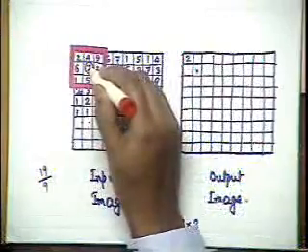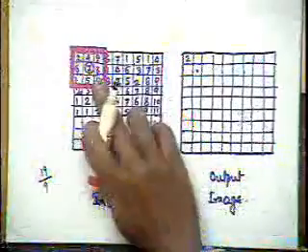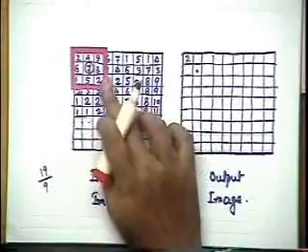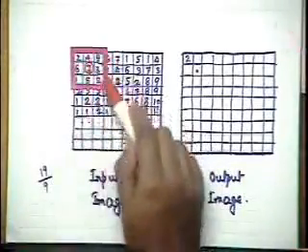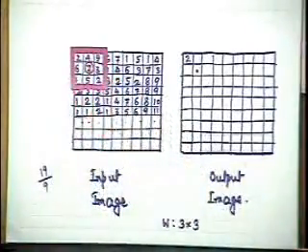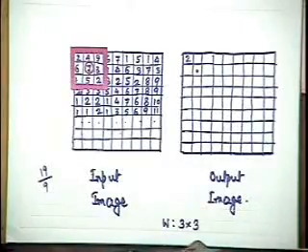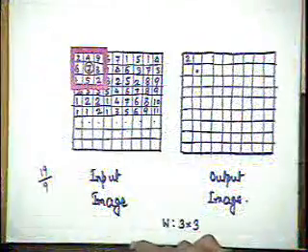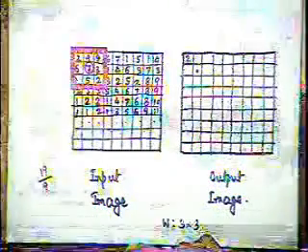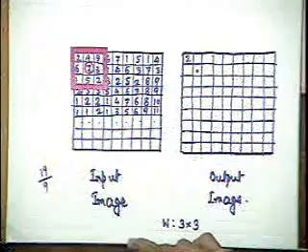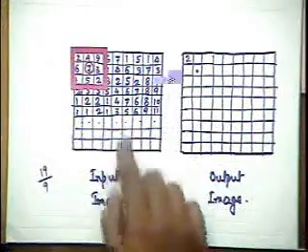Now, over this window, I am just going to calculate the local average again. Can you tell me what is the summation of all the pixel intensities over this window? 39. Because it is 2 plus 4 plus 9 plus 6 plus 7 plus 3 plus 1 plus 5 plus 2, that becomes 39.